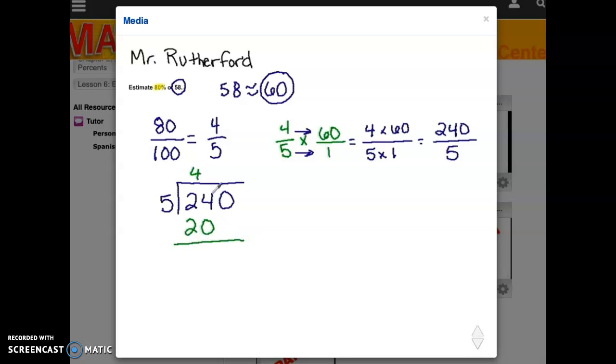And left over, we can bring down the 4 and the 0. 5 times 8 equals 40. So if you notice, we have no remainder. So if we were to estimate 80% of 58, a reasonable answer would be 48.